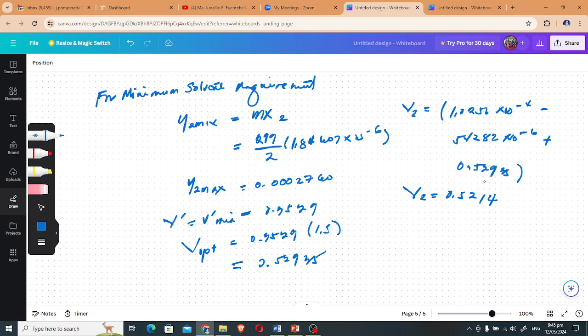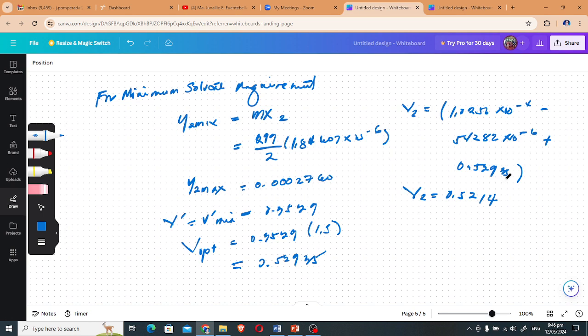Okay, so this one is the moles of benzene entering. The 5.1282 is the moles of benzene in V2. So in V2 you have 1.0256 times 10 raised to negative 4 plus 5.1282 times 10 raised to negative 6 plus the air, giving you a V2 which is 0.5294.